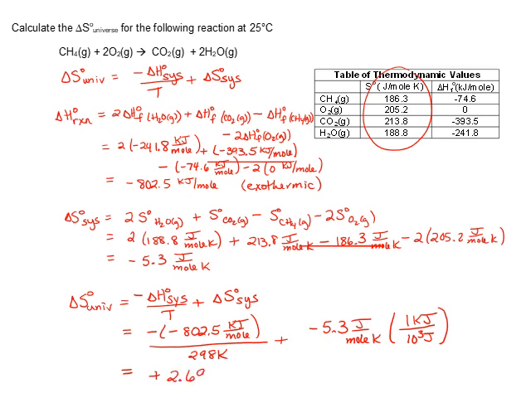And after we do the math, we find that the entropy change for the universe is positive 2.69 kilojoules per mole Kelvin. Since this is a positive number, we do predict this reaction to be spontaneous.